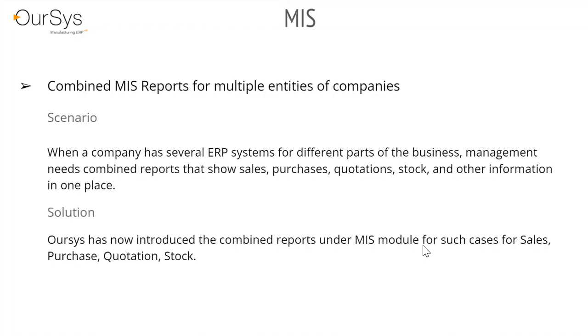So we have now created a new feature under MIS, where you can view the combined report for both companies or multiple companies to get reports like sales, purchase, quotation, and stock. This means you can see all the relevant information from these areas in one place, making it quicker and easier to track and manage business activities.